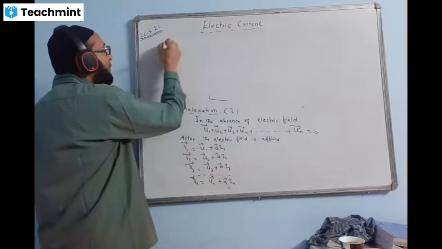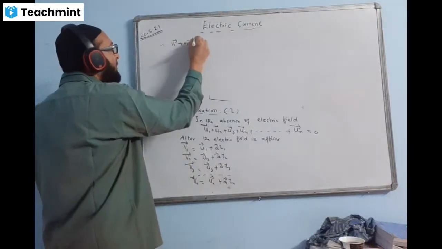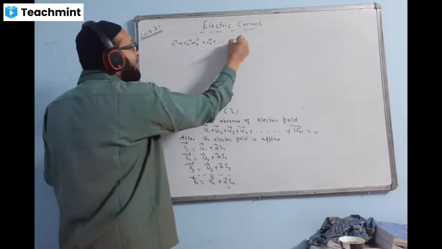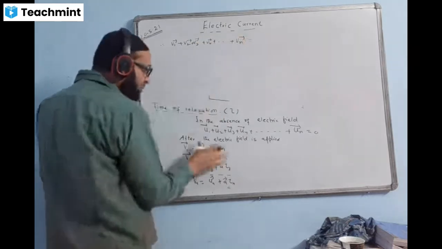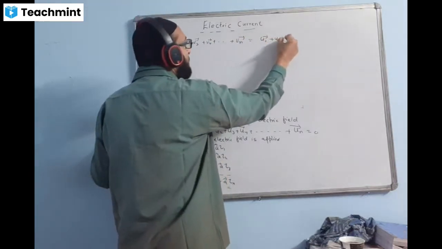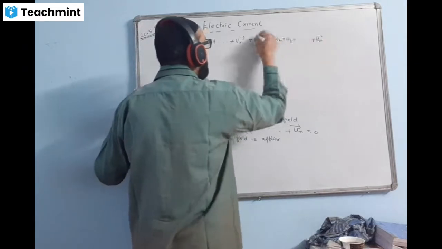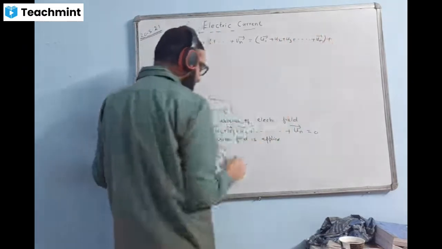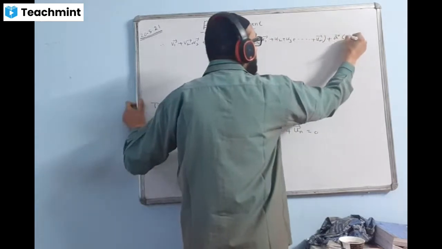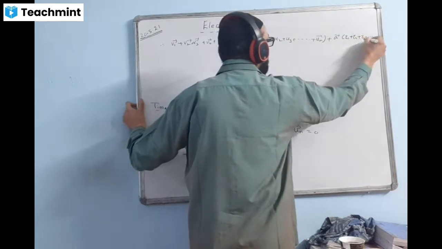Therefore, V1 plus V2 plus V3 plus V4 and so on plus Vn is equal to, adding this side also, U1 plus U2 plus U3 and so on plus Un, plus a common A times T1 plus T2 plus T3 and so on plus Tn.